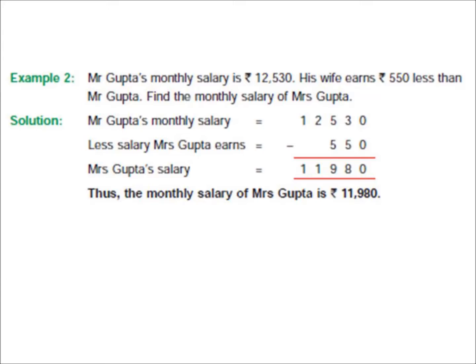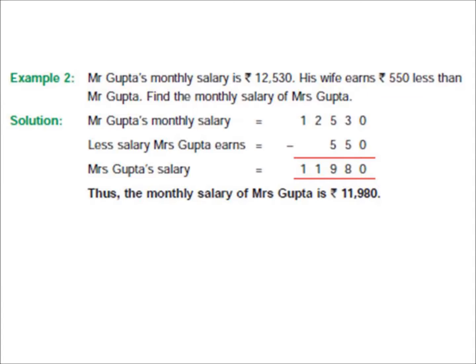Here Mr. Gupta and Mrs. Gupta both are earning, but his wife's earning is less than Mr. Gupta's, and that amount is rupees 550. So the solution is, first you write Mr. Gupta's monthly salary, that is 12,530, and write down the less salary of Mrs. Gupta, and you subtract this one. After subtraction we get 11,980, that is the salary of Mrs. Gupta.